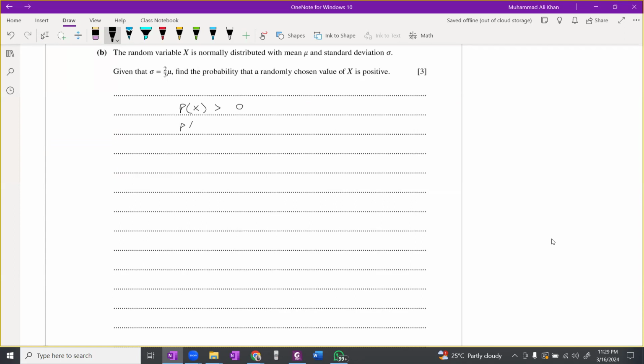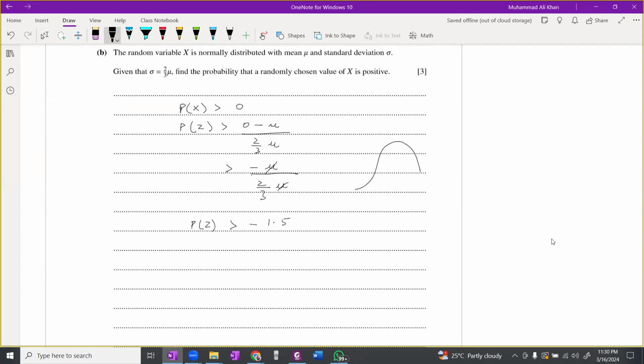So I'm saying that probability of Z is greater than, X की वैल्यू अगर 0 है तो इसको कन्वर्ट करेंगे by using again the formula X minus mean, mean is mu, divided by standard deviation, 2 upon 3 times mu. So it will be minus mean upon 2 upon 3 times mean. Mean and mean cancel out. It will be greater than minus 3 upon 2, which is 1.5. It means we have to calculate the probability of Z greater than minus 1.5.